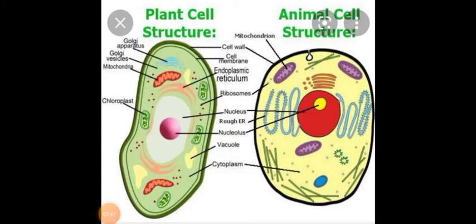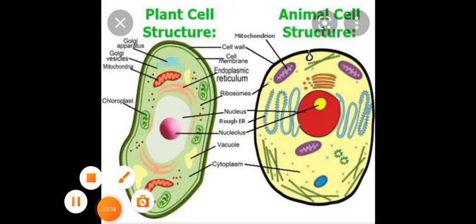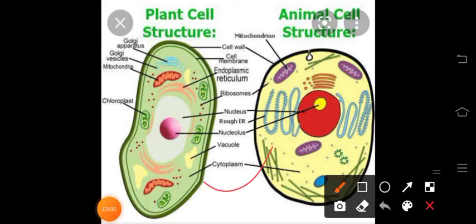Observe this screen. Here you can observe the plant cell structure and animal cell structure. The names are also given over here. The names which are common in plant cell and animal cell are given over here. You can observe, like the cell wall present in plant cell as well as animal cell. Cell membrane is present in only plant cell.